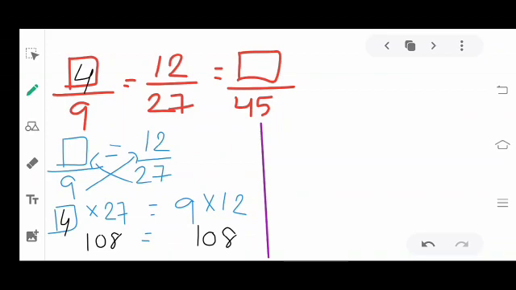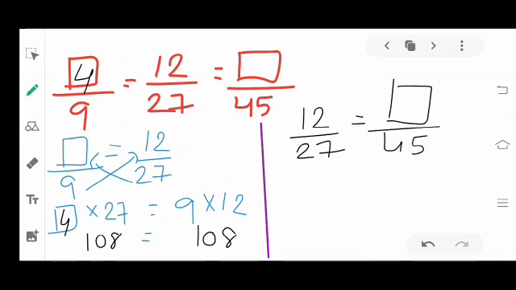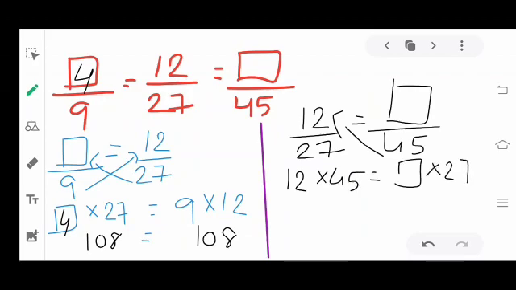Now I'm going to move to another, and that is 12 upon 27 is equal to a bracket upon 45. Students, please keep this in your mind: we are not going to break any numbers. Again, we are going for cross multiplication. 12 into 45 is equal to bracket into 27.